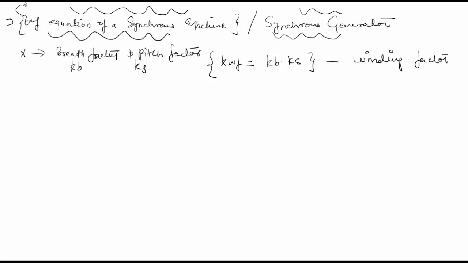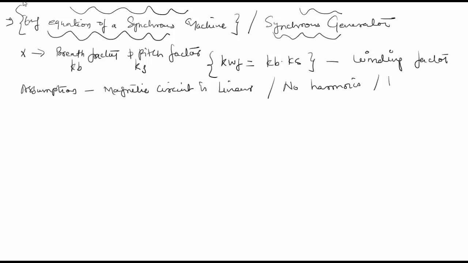One other important thing is the assumption that the magnetic circuit is linear. There are no harmonics or transients in the system. The system is stable.